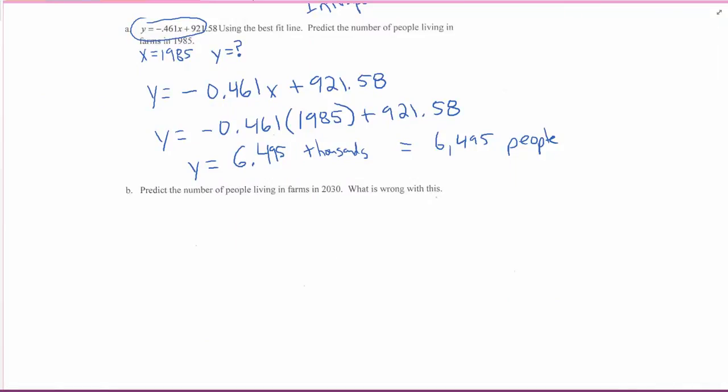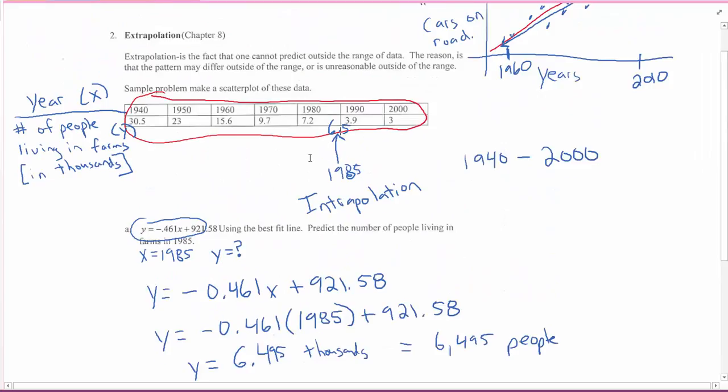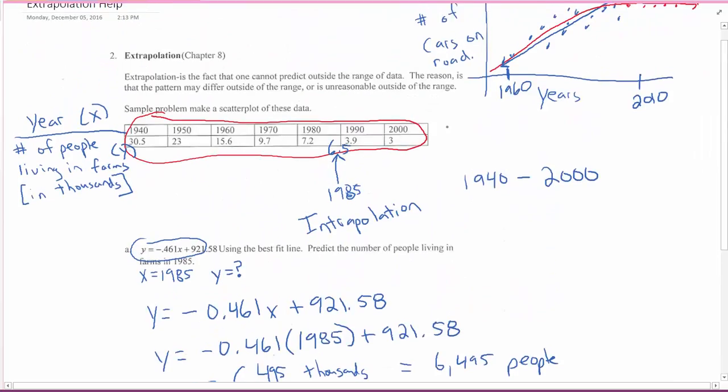All right, so the next problem, part B, says predict the number of people living in farms in 2030. So this is hinting at extrapolation. Notice that if we look at our data set, 2030 is clearly outside of where our data is, and we're trying to use our line of best fit to figure out what this y value would be for 2030.